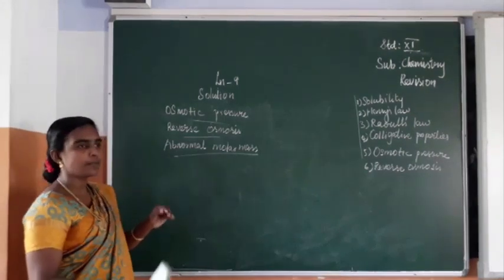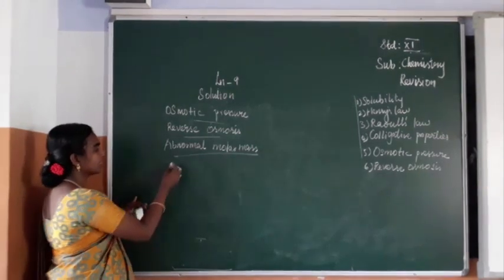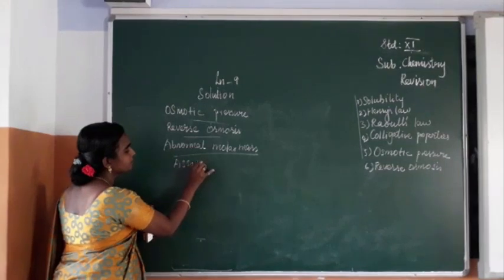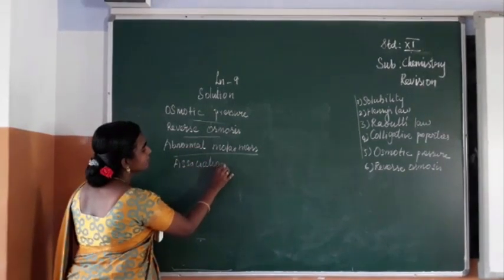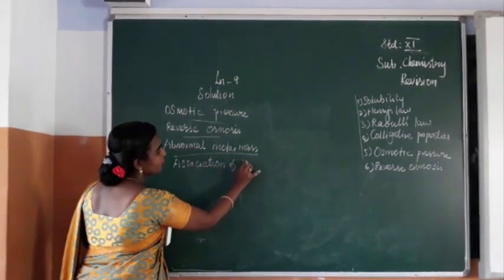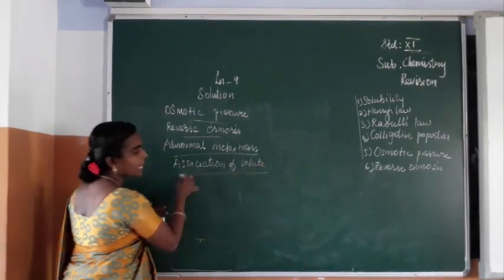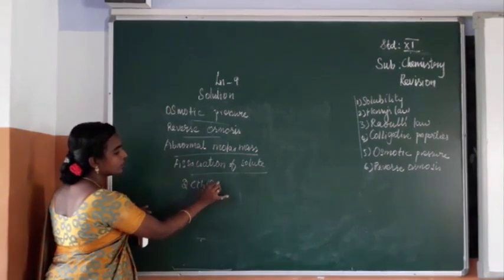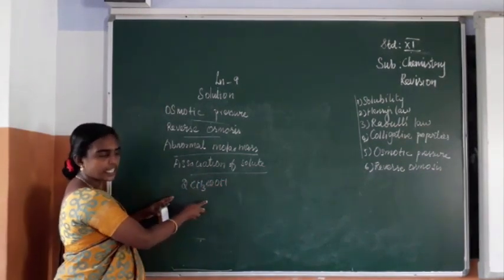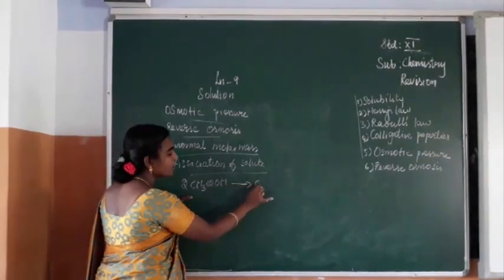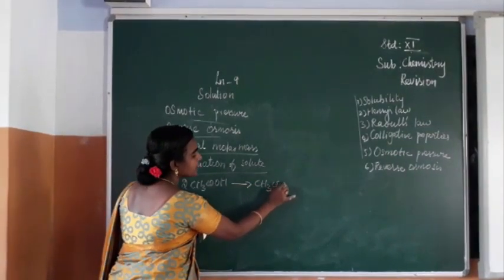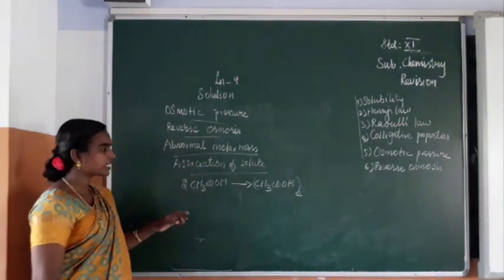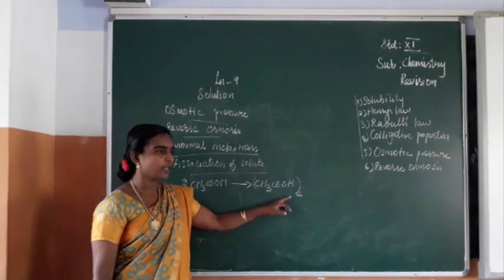First we can see dissociation and association. First one, association of solute. The best example we can explain is acetic acid. Two molecules of acetic acid, when taken as an aqueous solution, become a dimer, (CH3COOH)2.